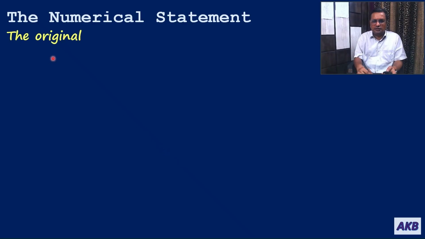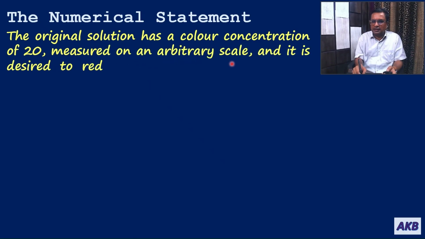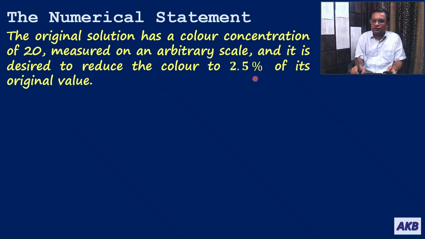Further, the original solution has a color concentration of 20, which is measured on an arbitrary scale, and it is desired to reduce the color to 2.5% of its original value. So the original solution has a color concentration of 20, and this color concentration is measured on an arbitrary scale.